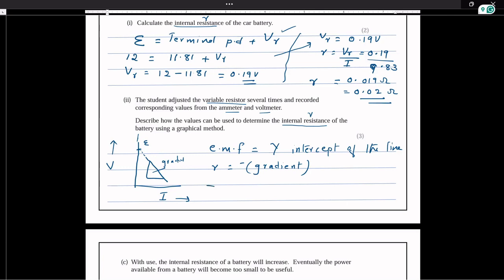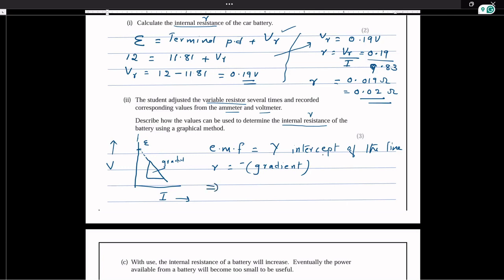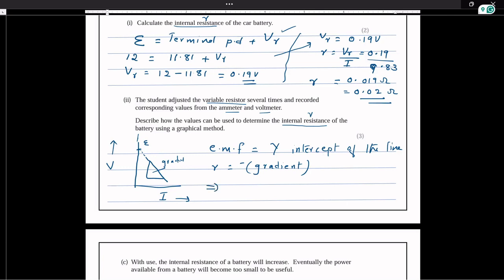I didn't write it, but you can also write this as the first sentence: draw a graph with the current along the x-axis and V along the y-axis. You can describe these two methods, or just draw the graph with the proper axes marked, x-axis I, y-axis V, and write the method. EMF is y-intercept and R is the negative gradient.